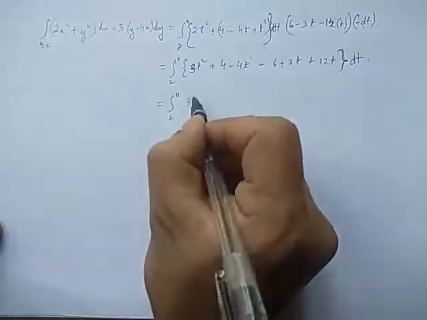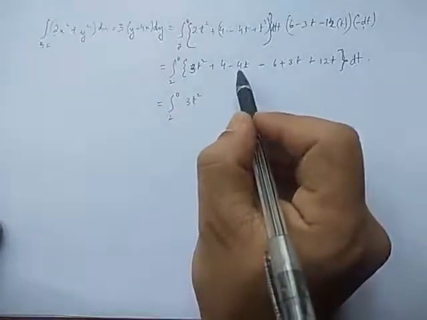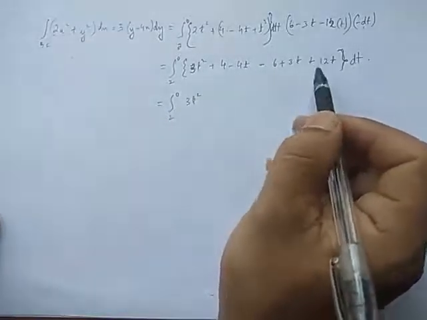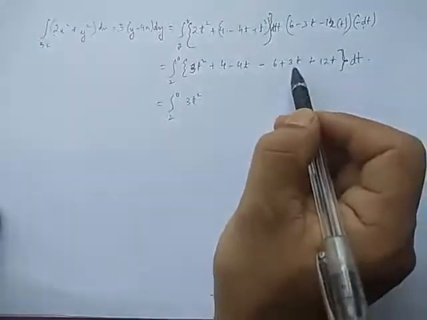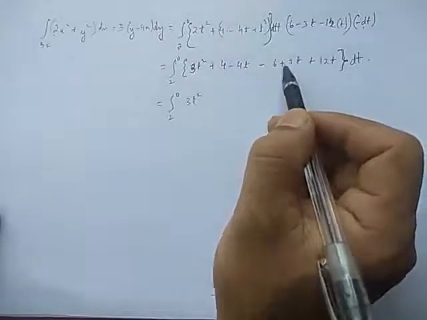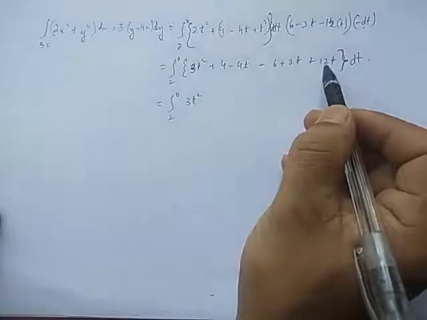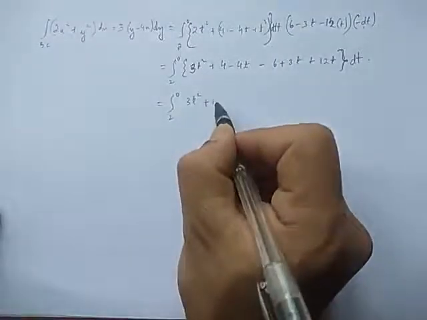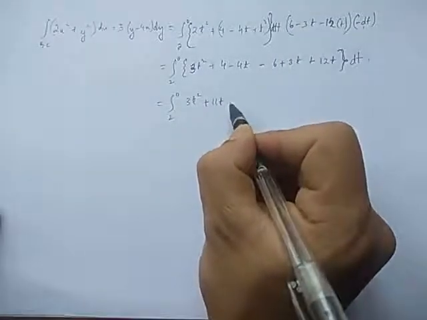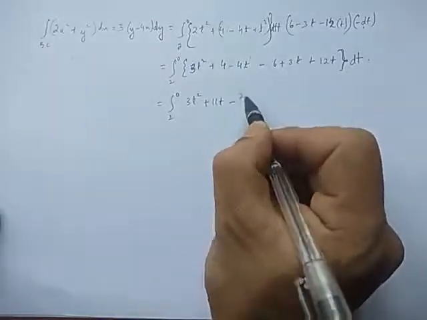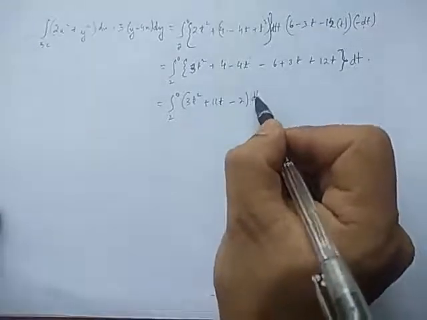So this becomes from 2 to 0 of 3t squared. Instead of t I will have here minus 4t, here I will have 3t, so I get minus 1. So here I will have plus 11t minus 2 dt.